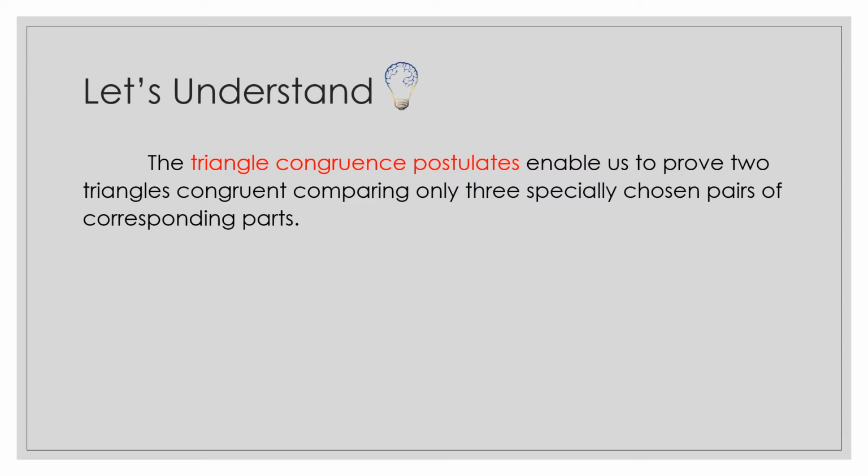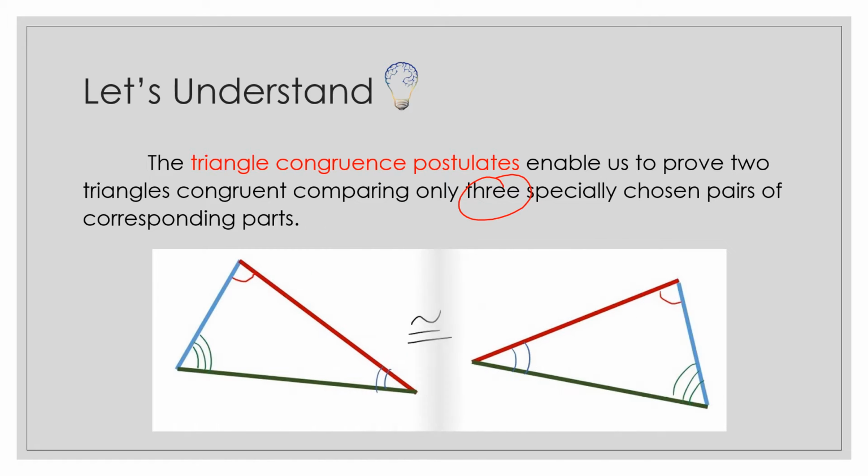Alright, it is also important to know that the triangle congruence postulates enable us to prove that two triangles are congruent comparing only three specially chosen pairs of corresponding parts. So we need only three. That's why we have the angle, side, side, side, or side, angle, side. So we only need three.